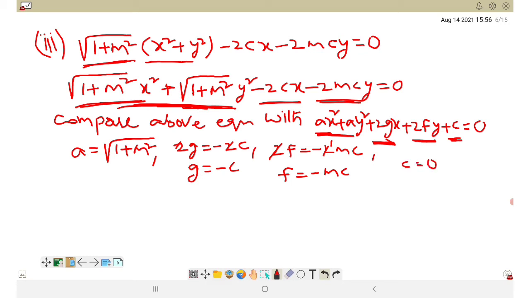The center of the circle is minus g by a comma minus f by a.